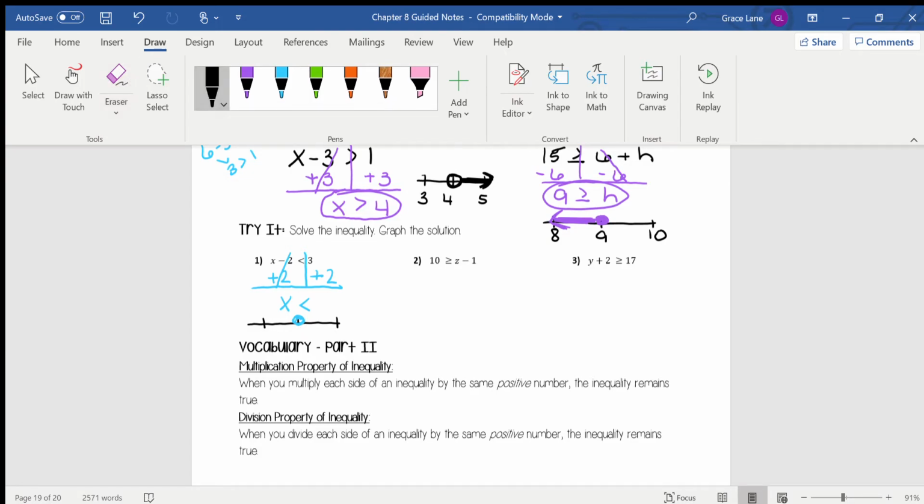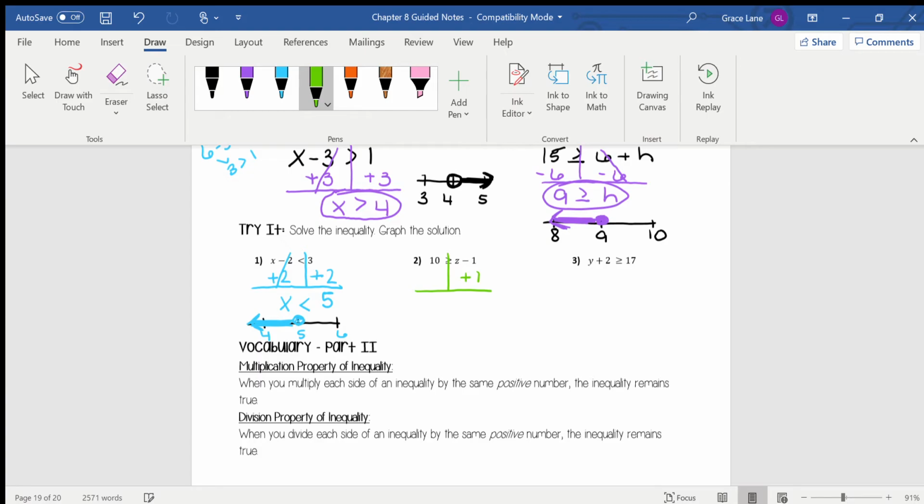Let's try again. 3 plus 2 should be 5. The solution should be x is less than 5. So x is less than 5. The dot is not colored in because it doesn't include 5, and it is pointing to the left because it's less than. My goodness.